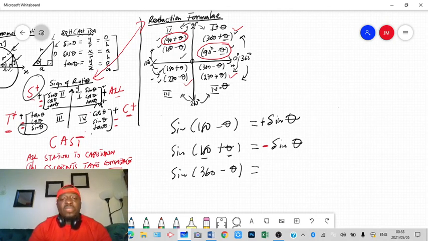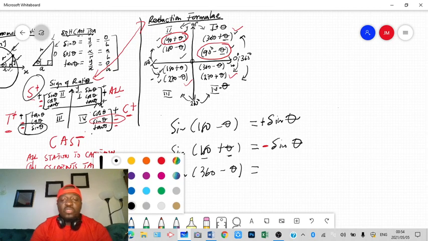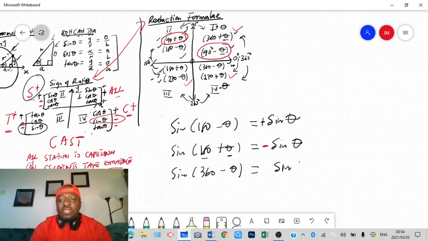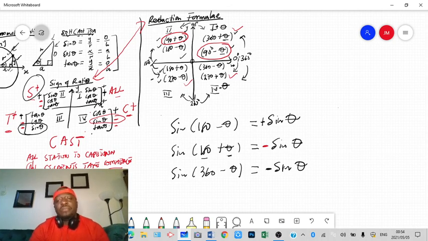Going further with 360 minus theta, again, sine is negative in the fourth quadrant. So 360 minus theta would also be sin theta, but with a minus.